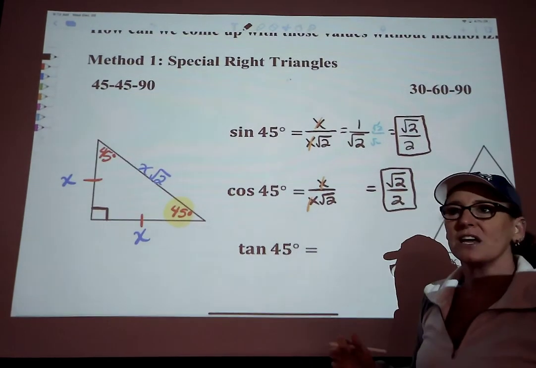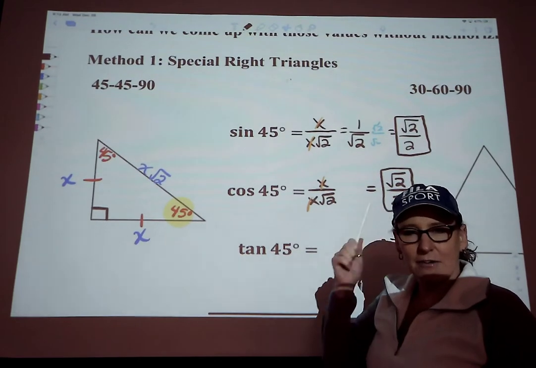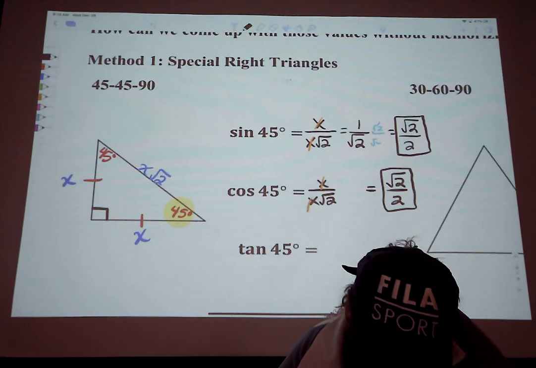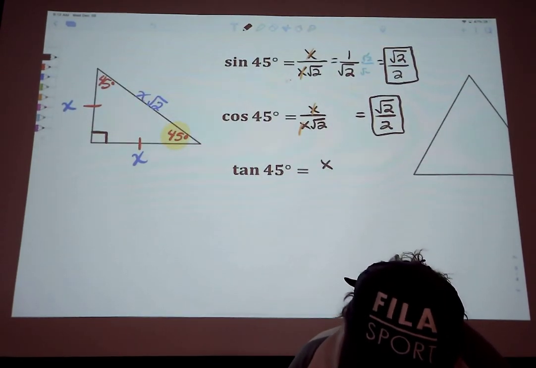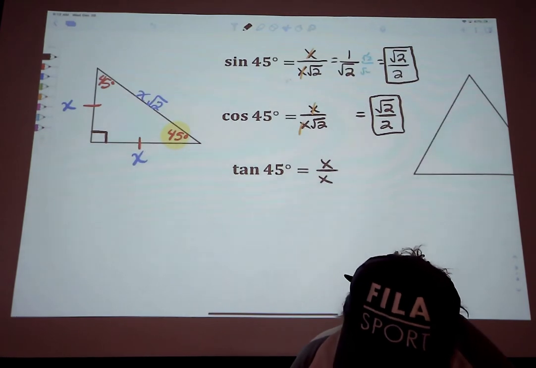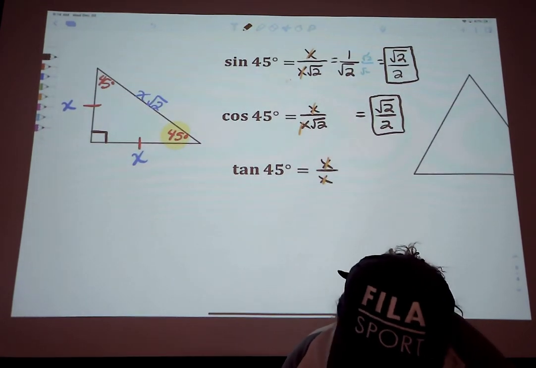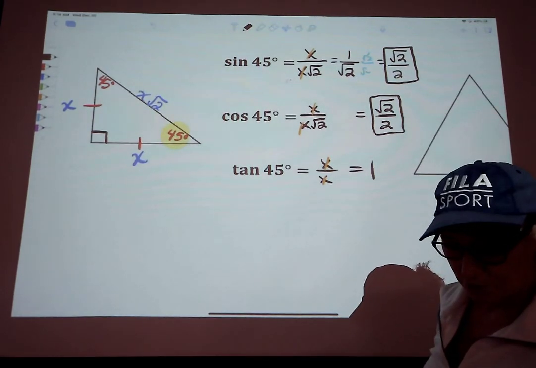You get the same thing for sine and cosine when your angle's 45 degrees. Ponder that for a minute and see how that's possible. Tangent 45, let's grab tangent. Opposite over adjacent. That's cool. Wait a minute, have we seen that before? We have seen that before.